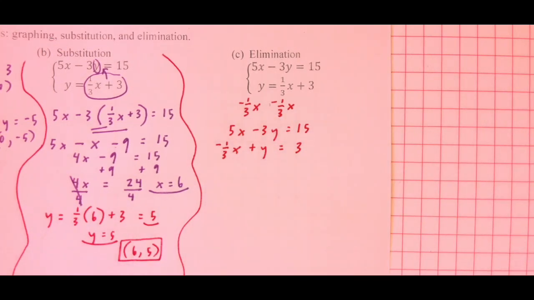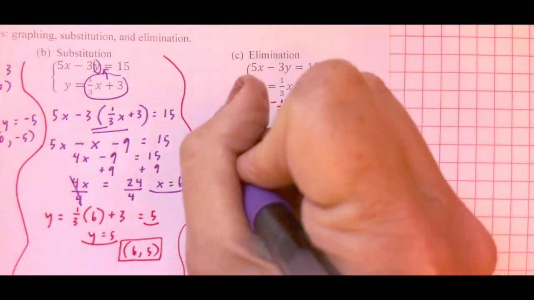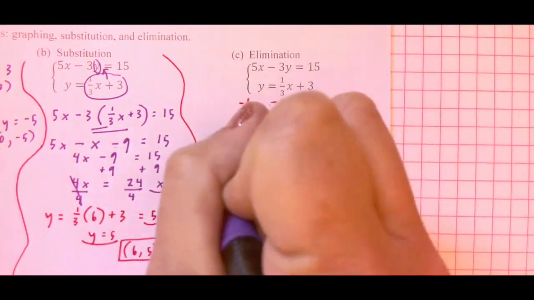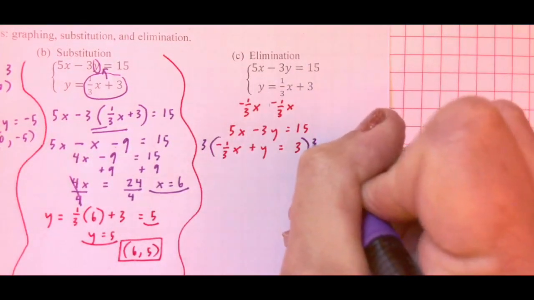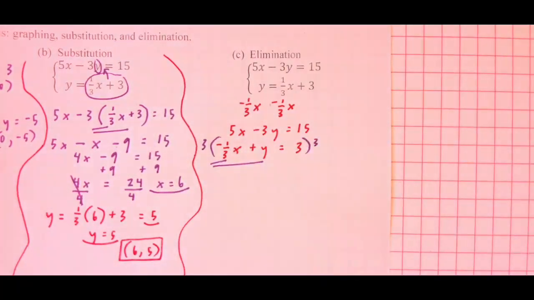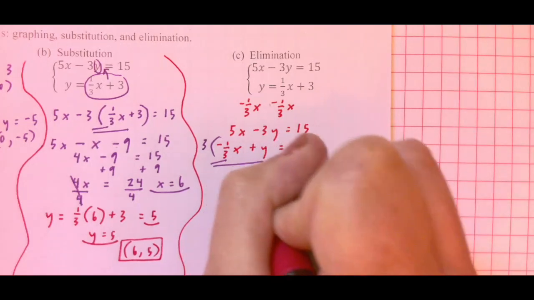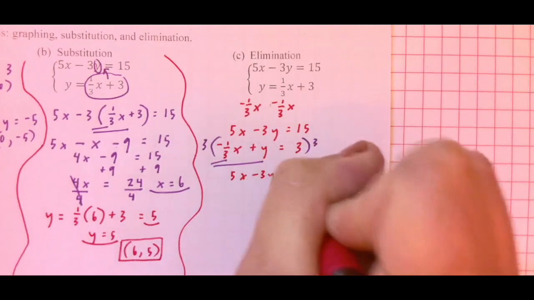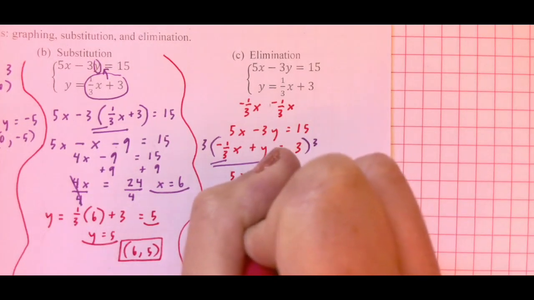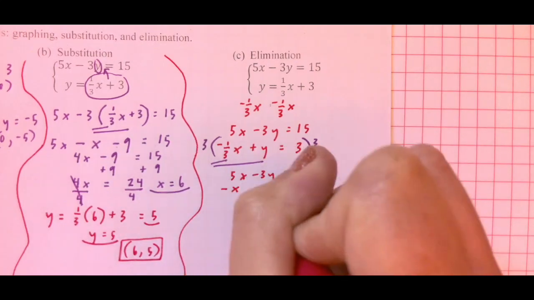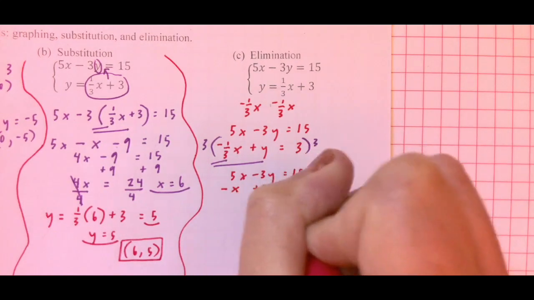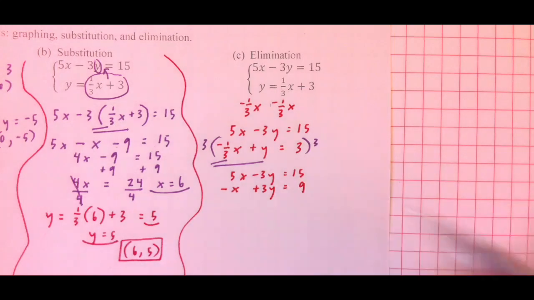I'm going to multiply everything on the bottom by 3. What I do to one, I do to all of them. So now if I rewrite that first equation, I have 5x minus 3y equals 15. And on bottom, I have negative x plus 3y equals 9.